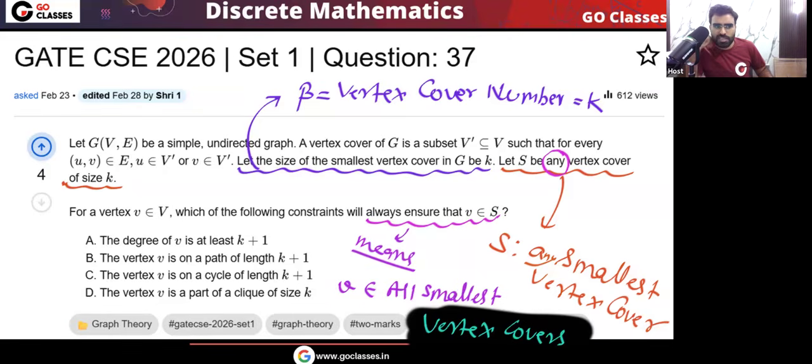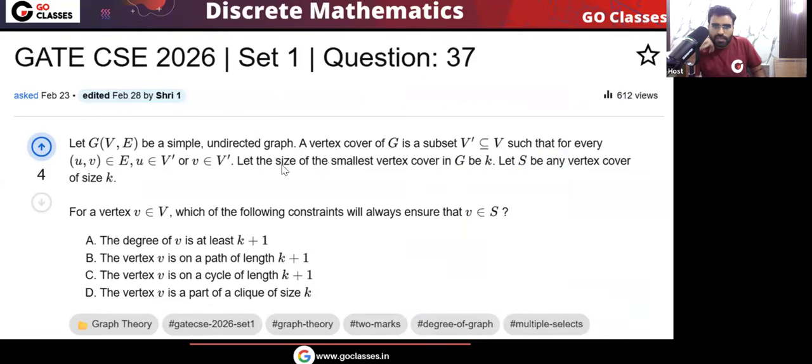See, the language of this question is not easy to understand, but if you just think about it step by step, then you can easily understand. Just notice here that k is the size of the smallest vertex cover, so k is the vertex cover number. Now S is any vertex cover of size k, which means S can be any smallest vertex cover.